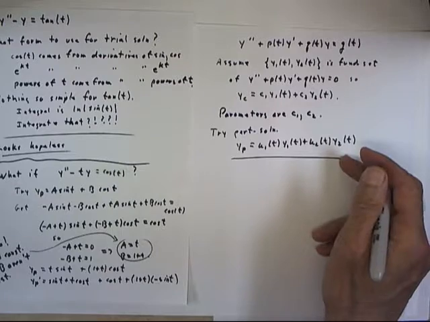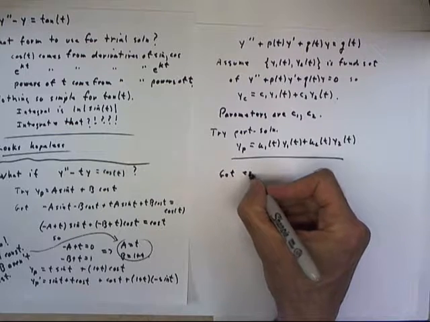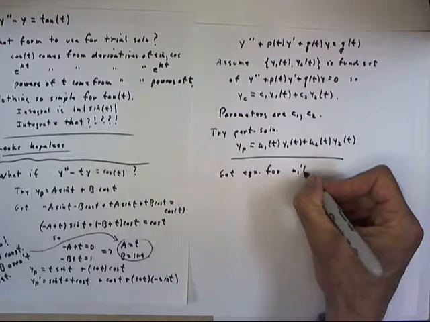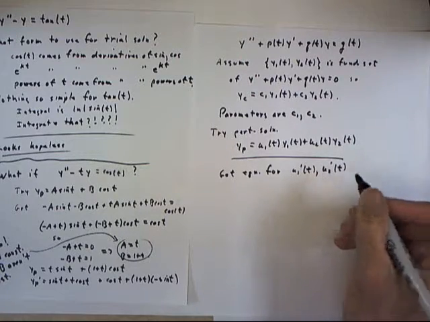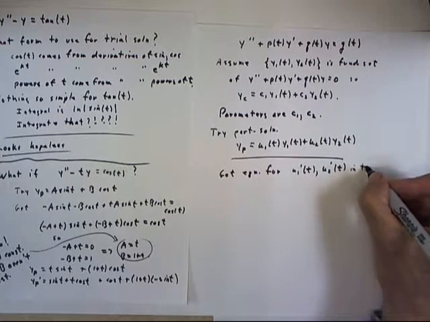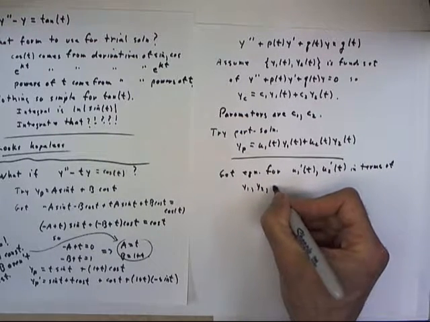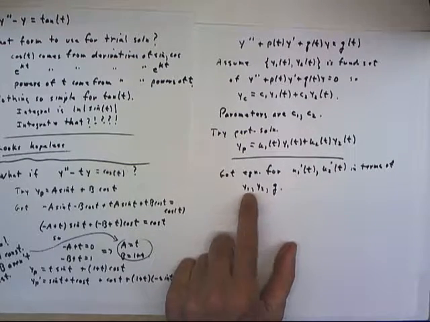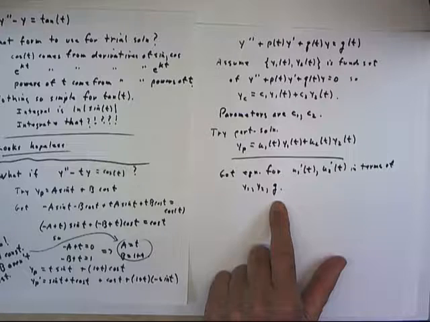If we do this, we find that we can get an equation for u1 prime of t and u2 prime of t in terms of y1, y2, the derivatives of y1, y2, and g, because y1 and y2 are functions of t, and of course g is a function of t.